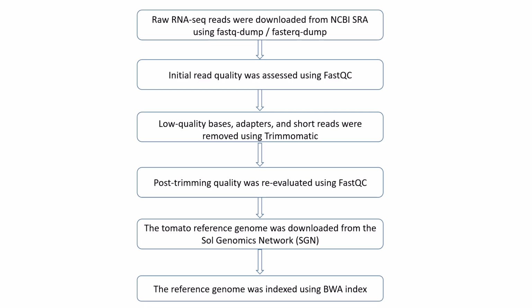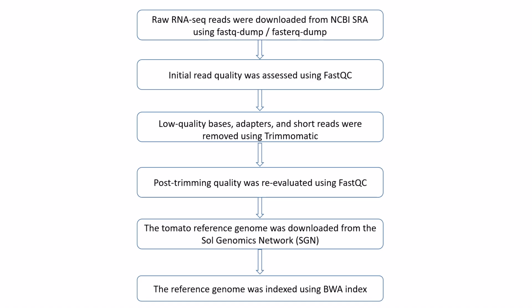The first step for transcriptomics analysis is RNA-seq data retrieval and pre-processing. For this, I downloaded the raw RNA datasets from NCBI SRA databases. After retrieval, I performed an initial quality check using FastQC to examine base quality, GC distribution, and adapter contamination.